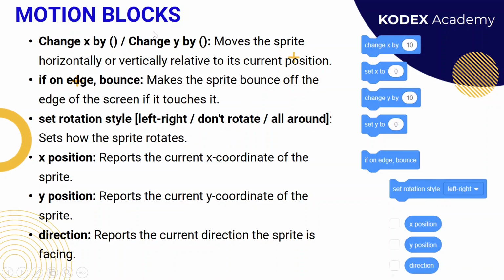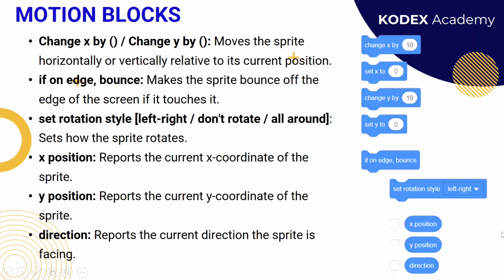Means whenever you want to see the current X position, Y position and the direction of the sprite, you just need to click over here. You can see this X position on the screen, and here you can click on all three, so you will see X position, Y position and the direction also of your sprite on screen. So this is all about the motion blocks.